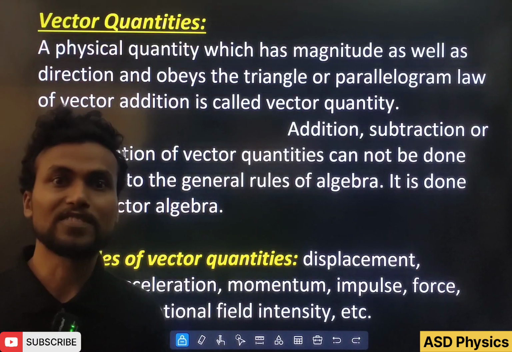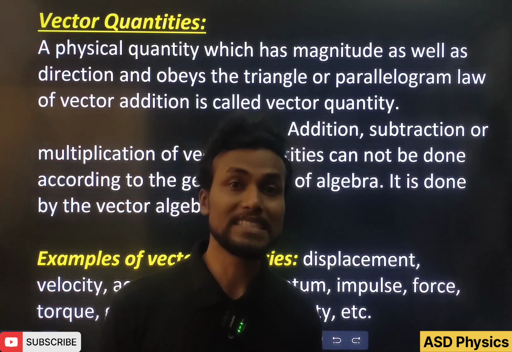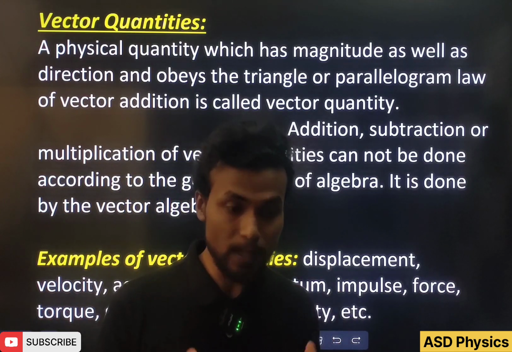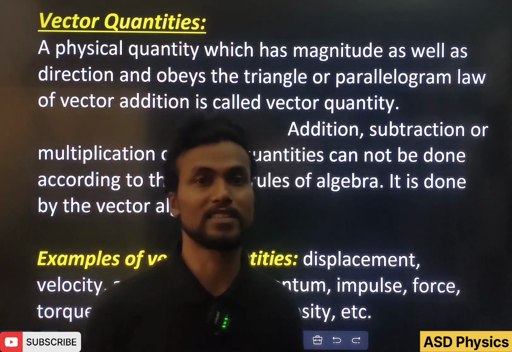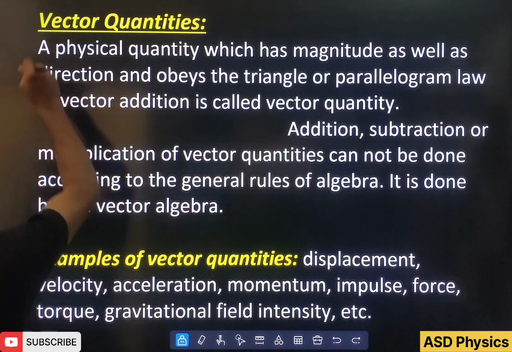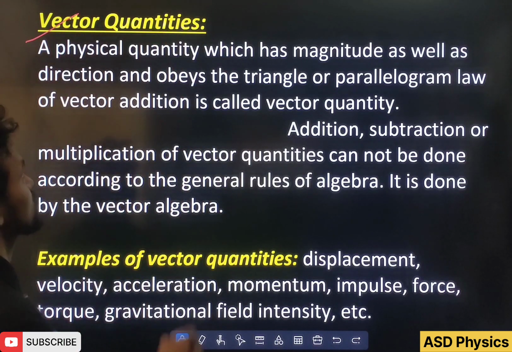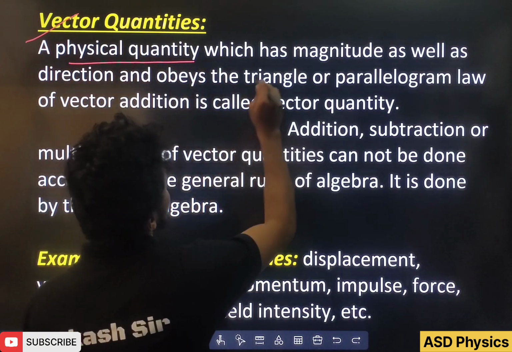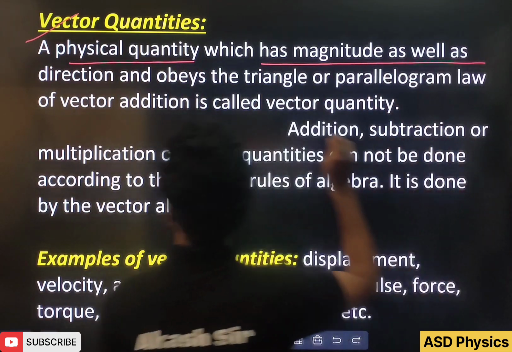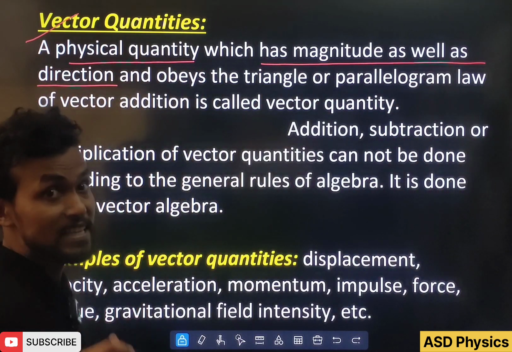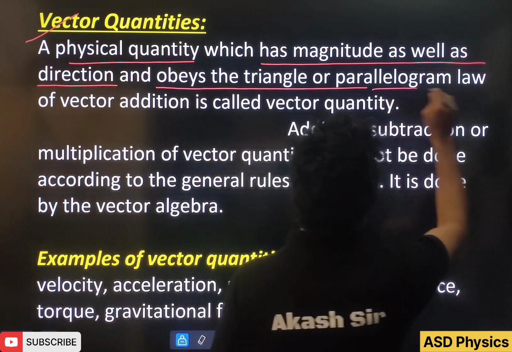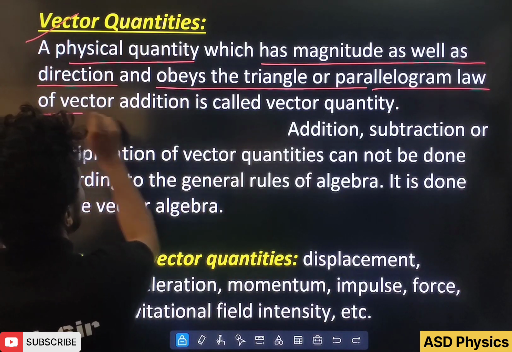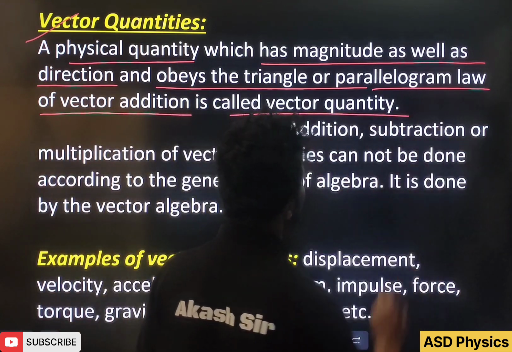Next, after learning the scalar quantities, we will see the vector quantities. This is the main thing for us in 11th and 12th, and even in further classes after 12th. A physical quantity which has magnitude as well as direction and obeys the triangle or parallelogram law of vector addition is called a vector quantity.